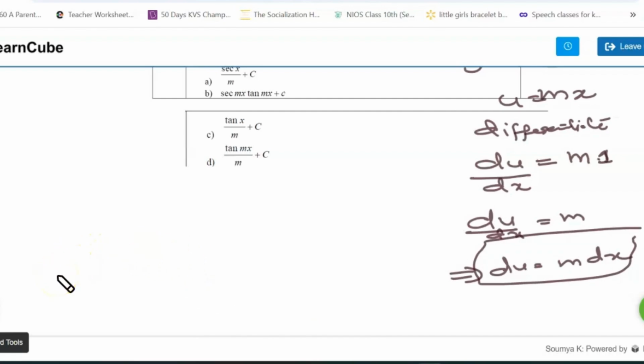Our actual integral that we need is sec square mx dx, which we have replaced with sec square u dx.